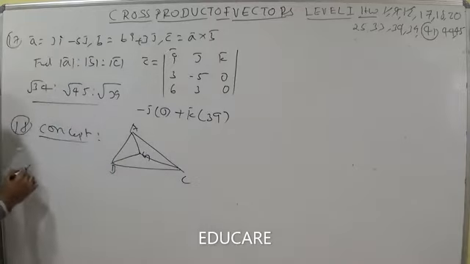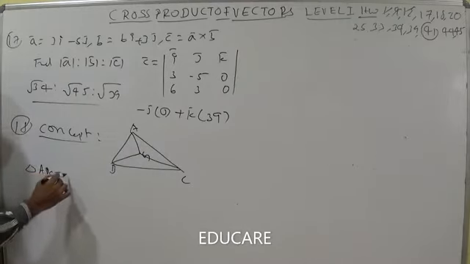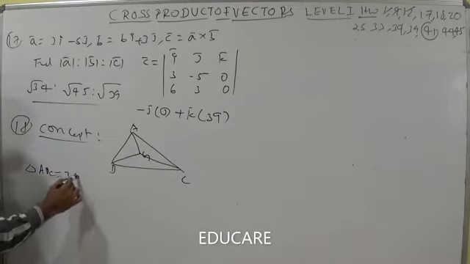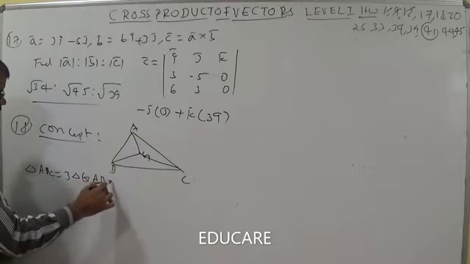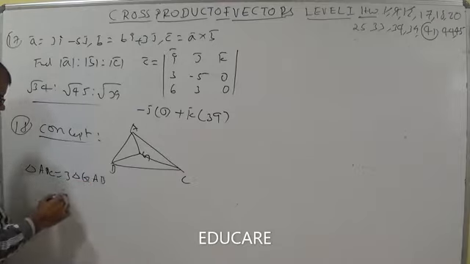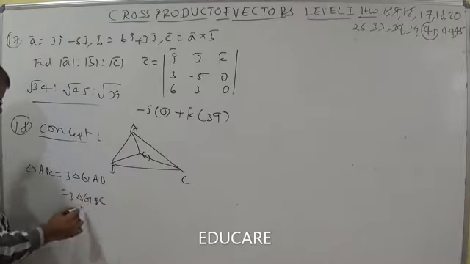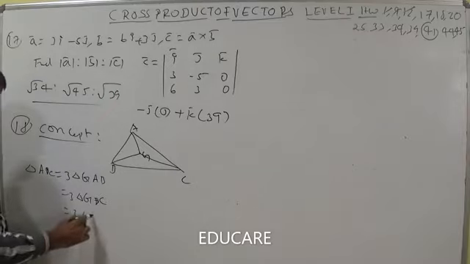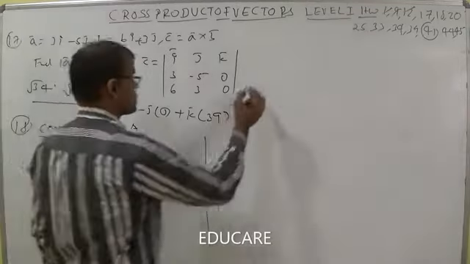Triangle ABC is equal to 3 times triangle GAB, or 3 times triangle GBC, or 3 times triangle GAC. We discussed this in first year straight lines.